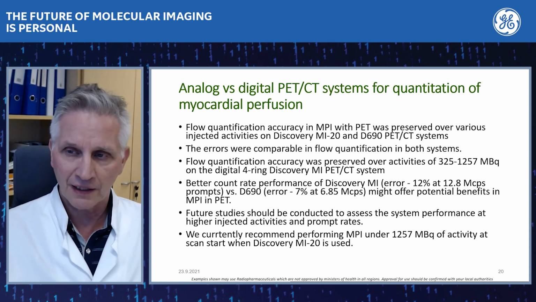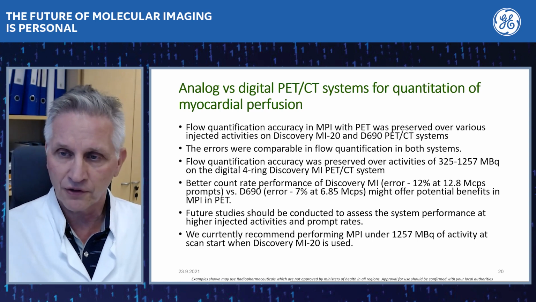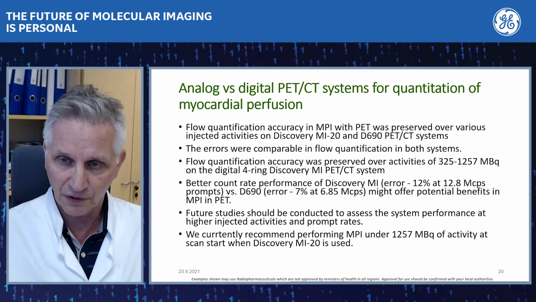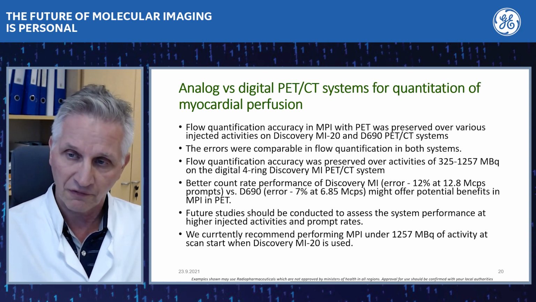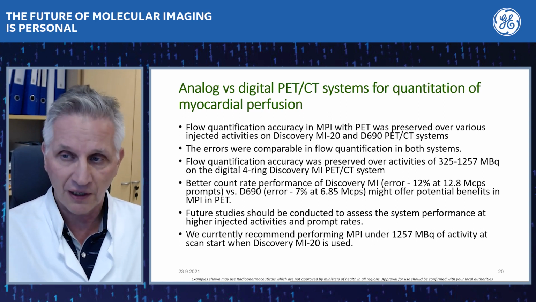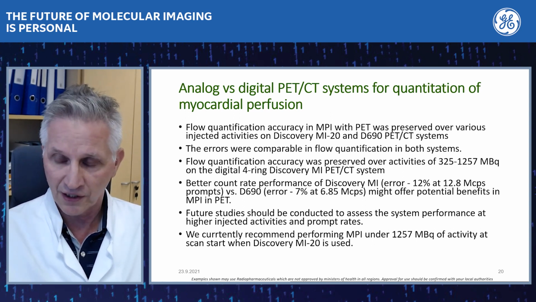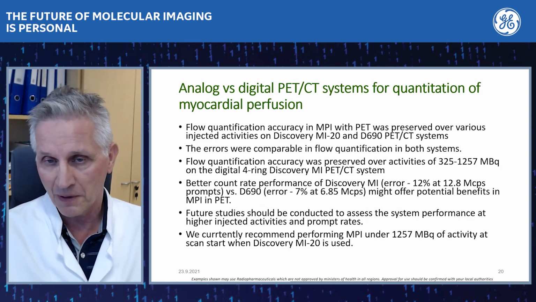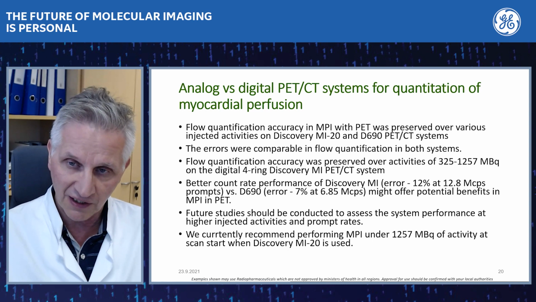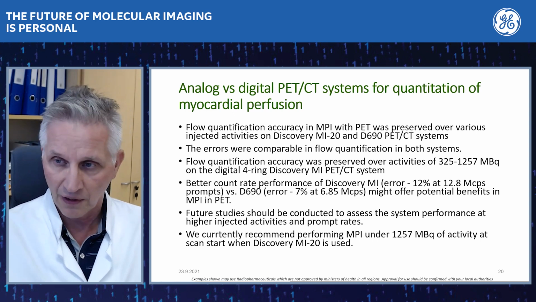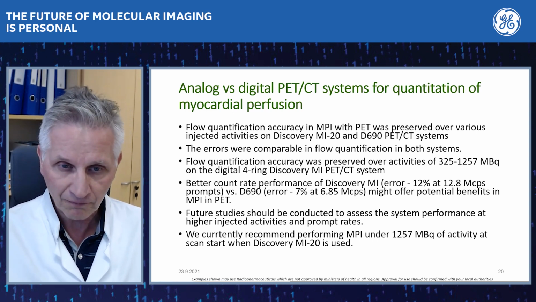And we learned that with the new digital versions, the quantification accuracy is preserved over activities from 300 up to 1200 megabecquerels, which is very much higher than what we are routinely using today, because when we got this higher sensitivity scanner, we dropped our radio water injection from 1100 to 500 megabecquerels.